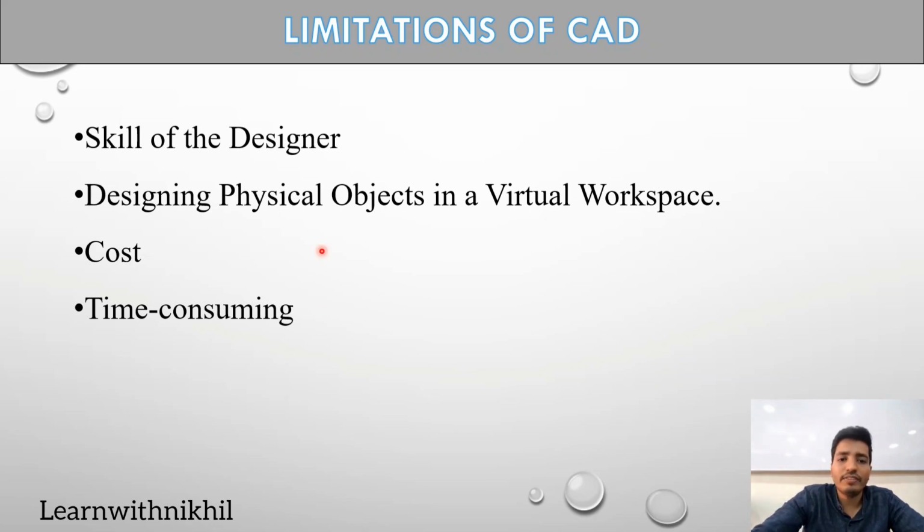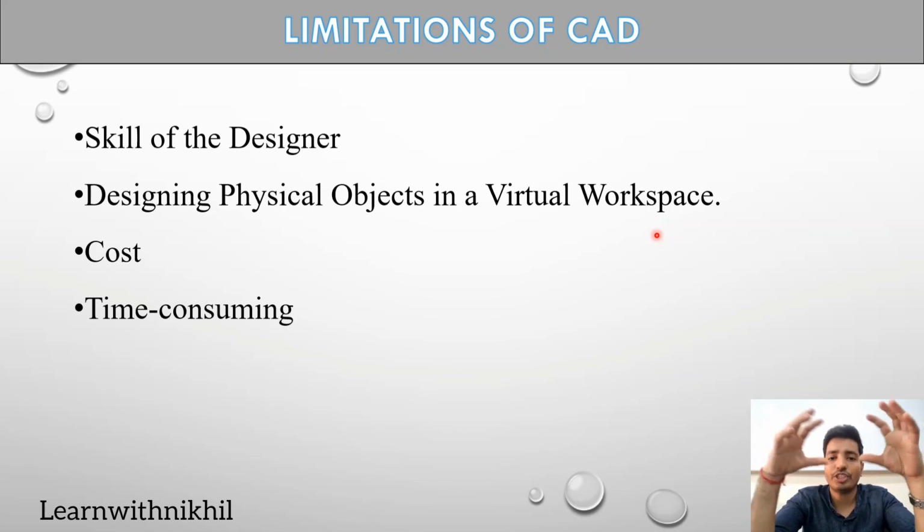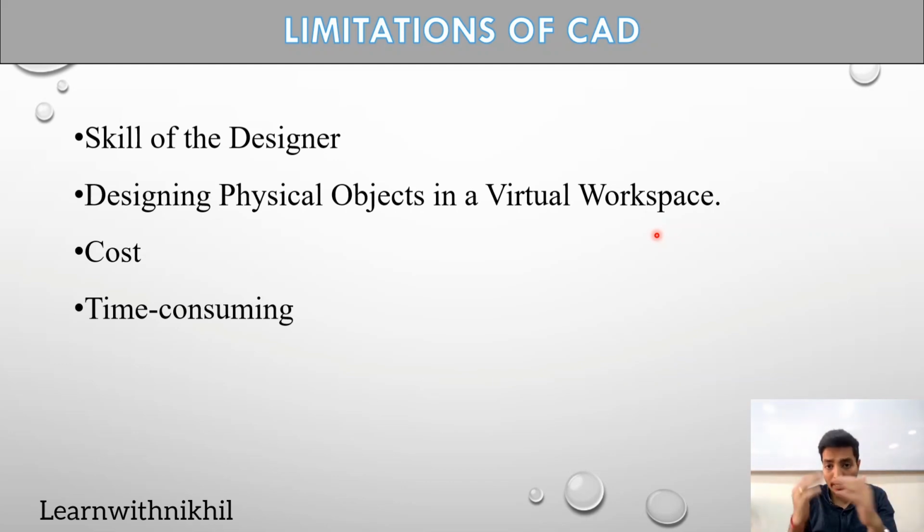Then, designing physical objects in virtual space, again the same thing. As physical objects have to be designed in virtual space, the realness of the object doesn't come through. So first, you have to imagine the shape of any car, or if you are designing a food item, there are imperfections in the actual food. If you have to make a circular sweet dish, you can consider a gulab jamun.